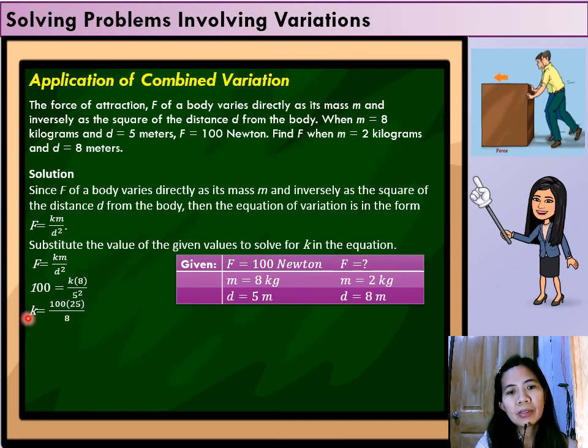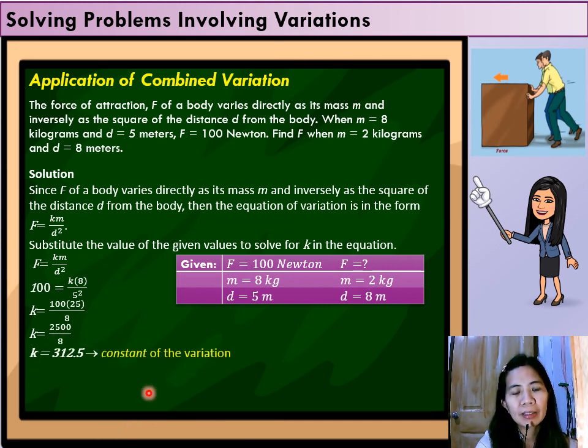So the constant value is 2,500 divided by 8. It is 312.5. Okay, so the equation of the variation is F equals 312.5 m all over d squared.